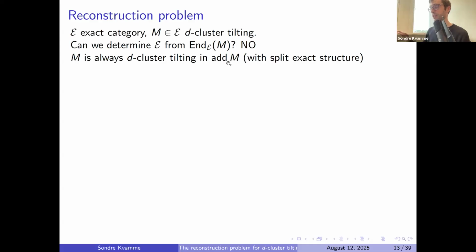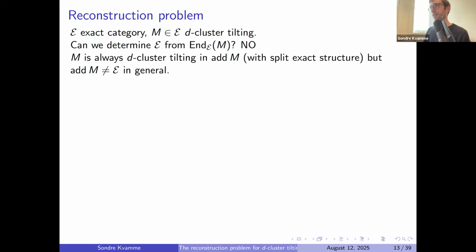Because these conflations are only split short exact sequences, all the Ext groups will automatically vanish, and then it becomes automatically D-cluster tilting in the additive closure. But of course, in general, E, our ambient exact category, will not be equal to this additive closure. So the endomorphism ring of M is not able to distinguish the additive closure from the exact category E.